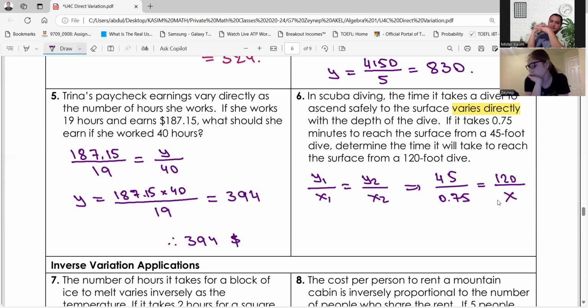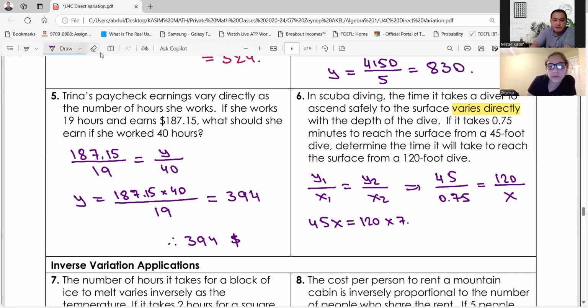What did you get? I got 45x equals 120 times 0.75, right? Mhm. And if you multiply, Zainab, because of the zero, I can shift this decimal point one unit to the right, right?